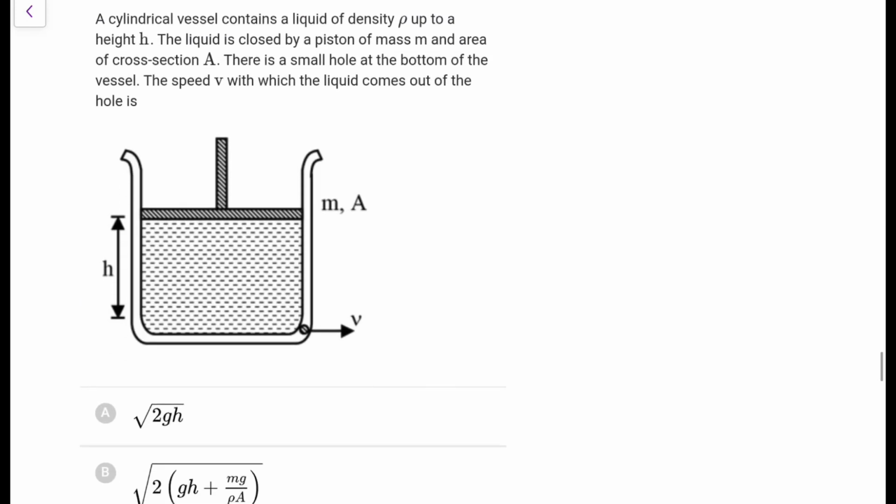A cylindrical vessel contains a liquid of density rho up to a height h. The liquid is closed by a piston of mass m and area of cross section A, with a small hole at the bottom. Find the speed with which the liquid comes out. If I write the pressure at points 1 and 2, the pressure at point 1 would be P naught plus mg by A plus rho gh.